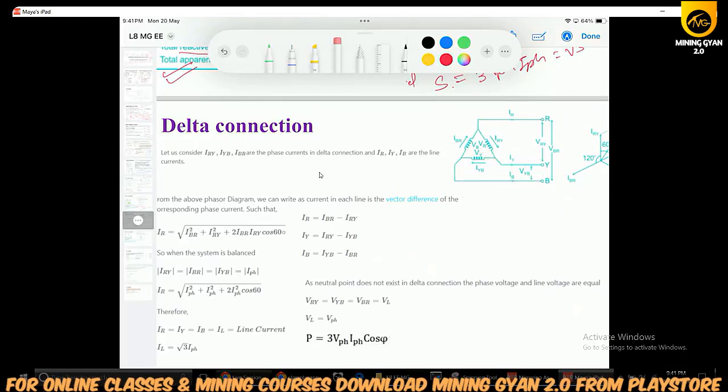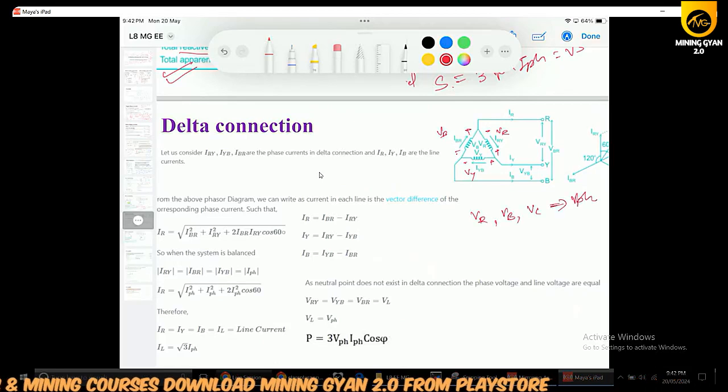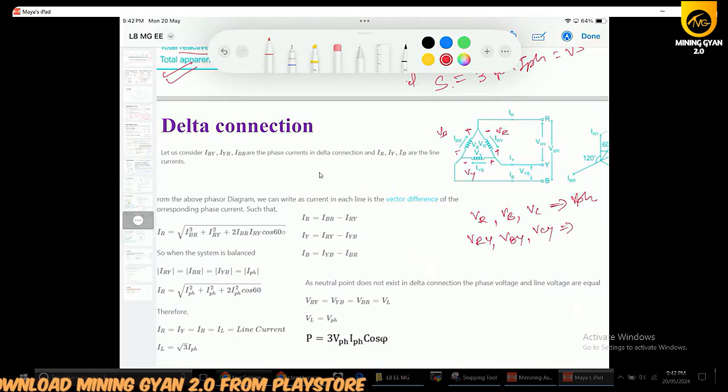Understood? So how do we get the phase voltages? This is VR, this will be your VB, and this will be your VY. VR, VY and VB will be phase voltages, and VRY, VYB and VBR will be line voltages. For example, let us take the R terminal and Y terminal.